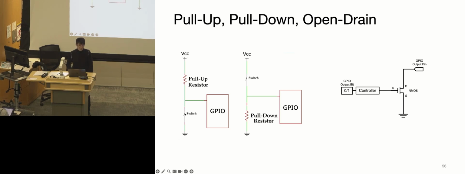If this switch is open, it will read the value from the VCC, and if it's closed, it becomes a 0. On the contrary, on the pull-down, if the switch is open, then the reading will be 0, and when it's closed, the reading becomes 1. That's pretty much as much electronics as you need to know for this exam.